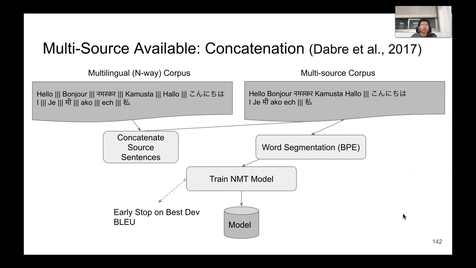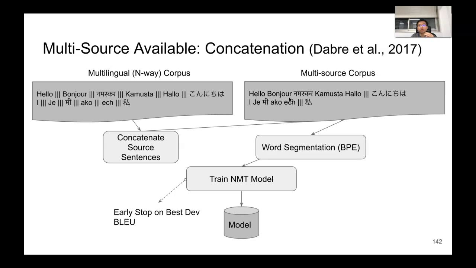The last approach that I want to introduce is called the concatenation. This approach actually is a very simple approach. What is being done here is that we already have a multi-source corpus, and we concatenate all the sources here. See, this is all the sources, right? We concatenate them together.